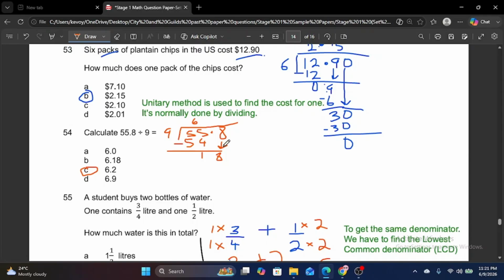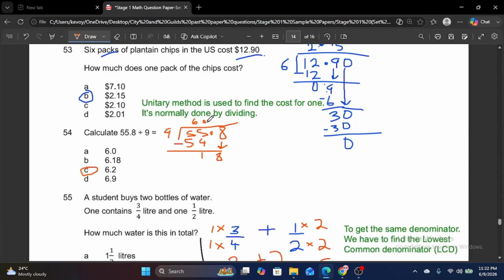But remember, if you bring down a number that comes after the decimal point, you ensure that you put the decimal point right where your answer is.